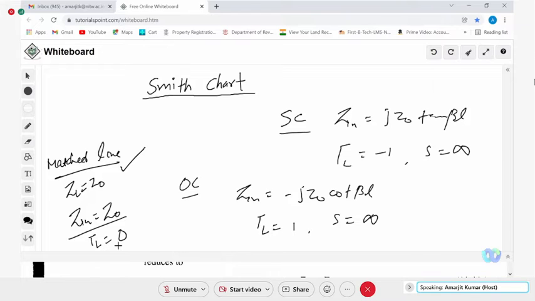So the reflected voltage V0 minus is equal to 0. What will be the standing wave ratio?